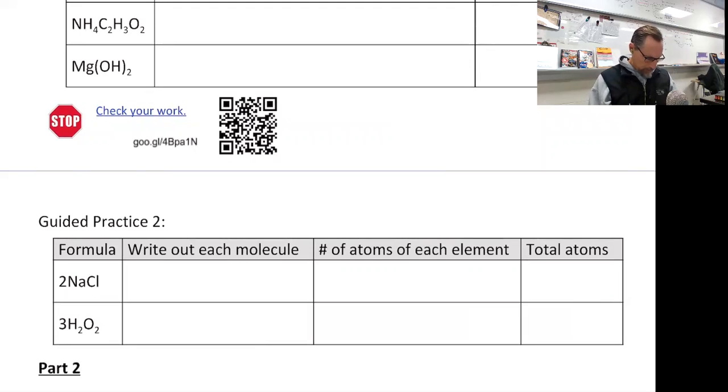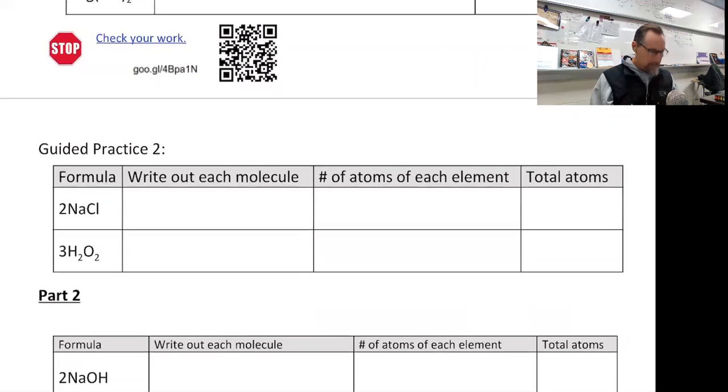Here on the next one, I'm going to write out the molecule of each of these and we'll work on those. So for guided practice part 2, you can see now I've added coefficients. And so that changes things a little bit because that coefficient applies to everything after it.